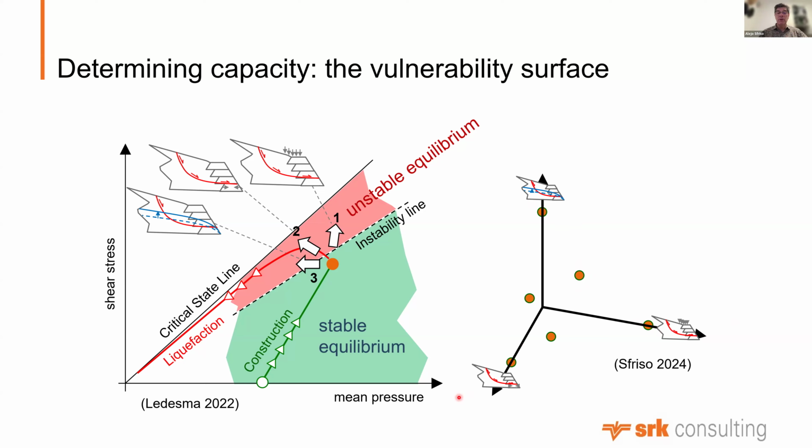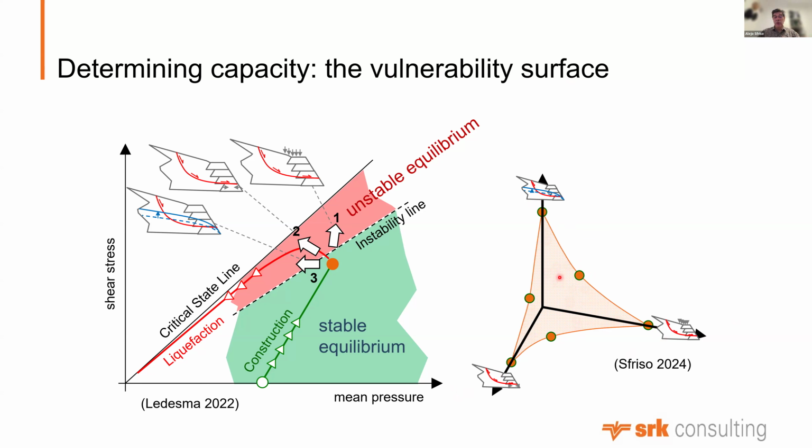When you have all these points, you can interpolate an analytic expression of what is called the vulnerability surface. This vulnerability surface is this sort of triangle. So we are assuming by interpolation, because you don't want to do 10,000 finite element analyses. You do a few, 6, 9, 12, and you create this interpolated zone.